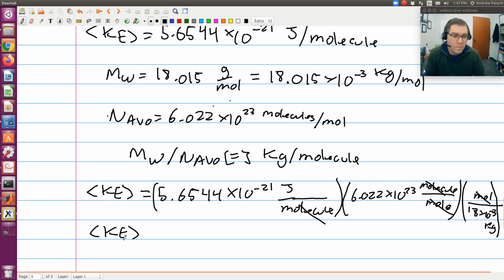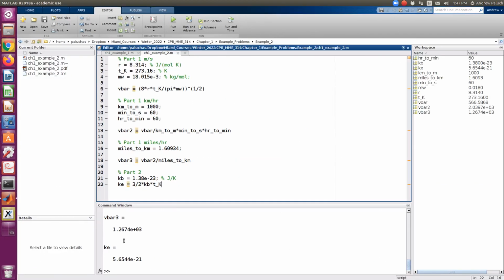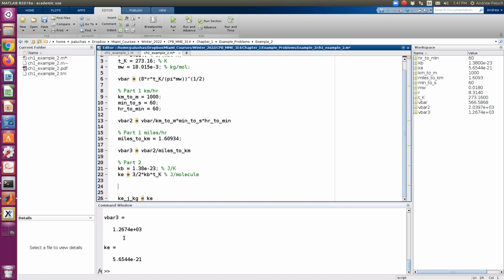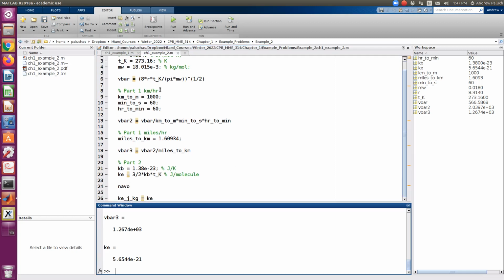Okay, so this is my kinetic energy answer in joules per molecule. To get it in joules per kilogram, I'm going to take my kinetic energy and add an additional constant, Avogadro.